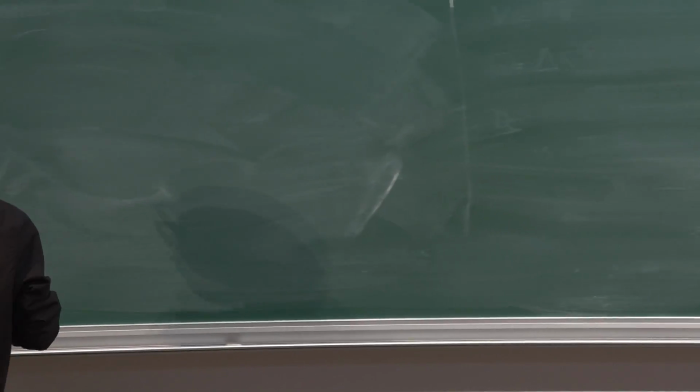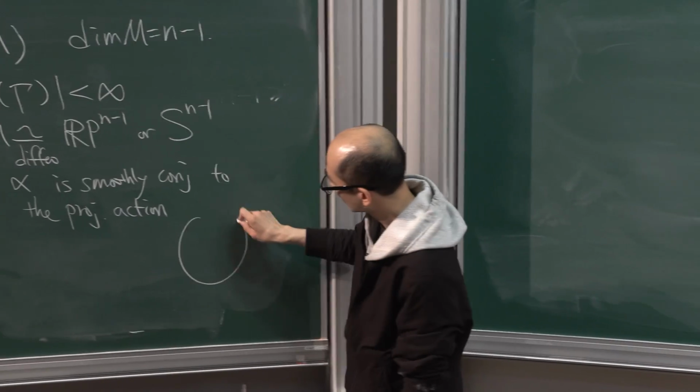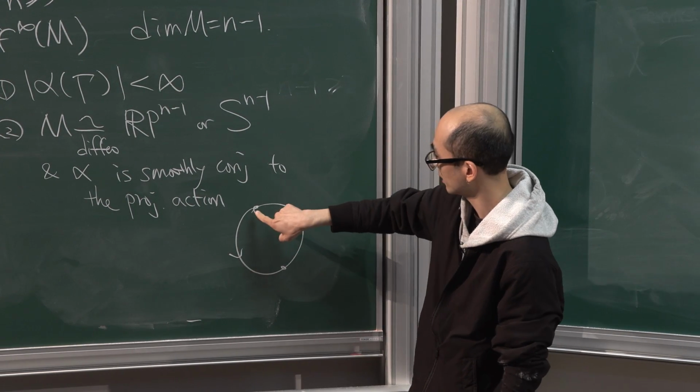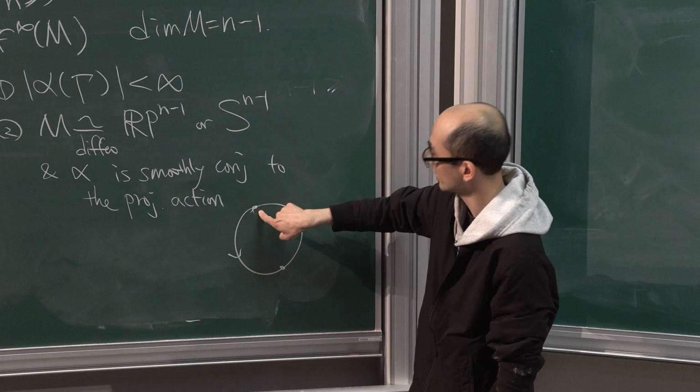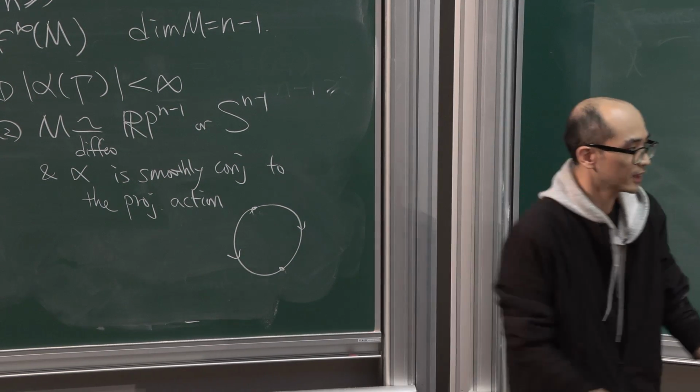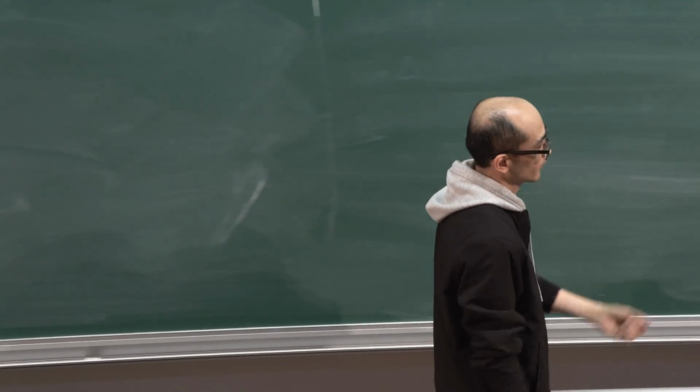There's no complexity on the dynamics. For instance, if you think about the projective action, then usually you will get the Morse-Smale dynamics, which is just a repelling fixed point and an attracting fixed point. And the isometric action is really isometric, so there's no chaos.